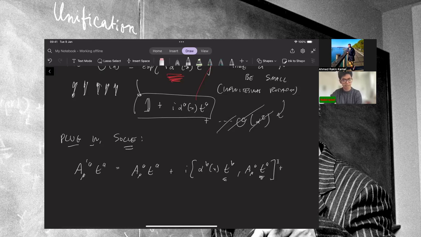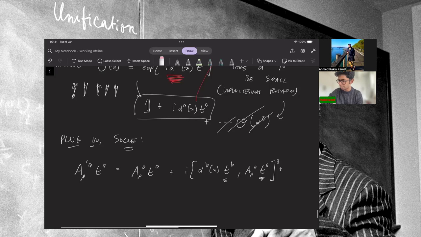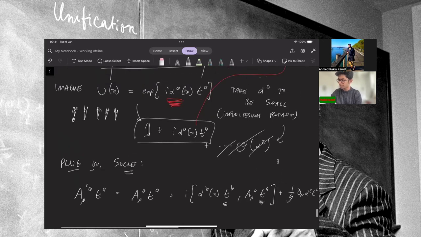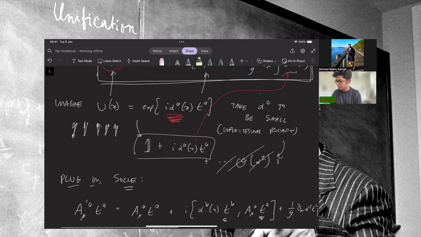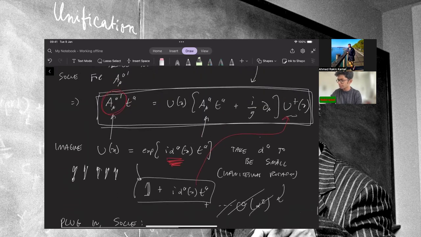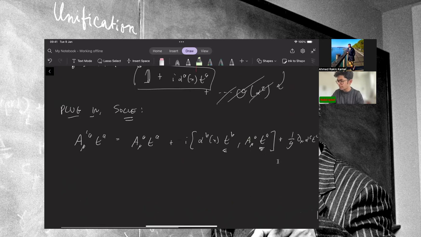And then you have a term like this here. This term comes from expanding out this u, which has an e to the i alpha, and this u dagger, which has an e to the minus i alpha. And then if you expand out all the pieces, you end up getting a commutator here, with the sign of the alpha differing between those two terms.